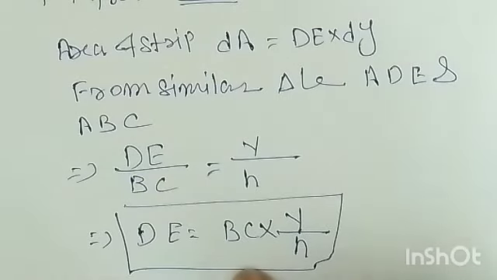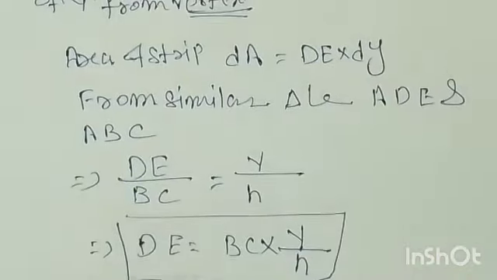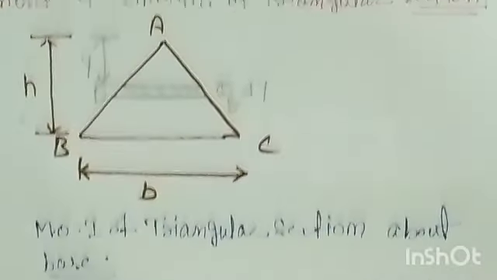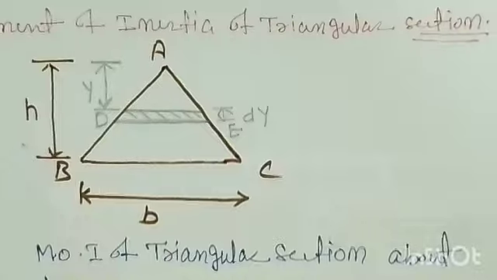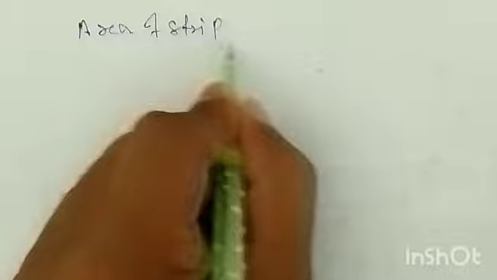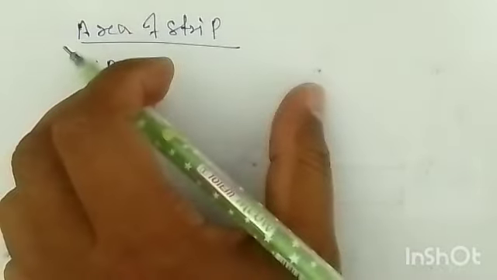Okay, now substitute this DE value into this equation of the elemental strip, right? So your area of the strip will become like this. Area of a strip dA is equal to DE into dy.